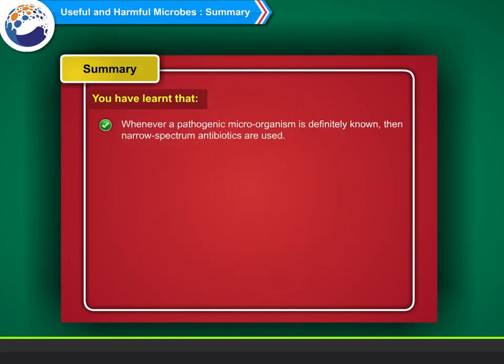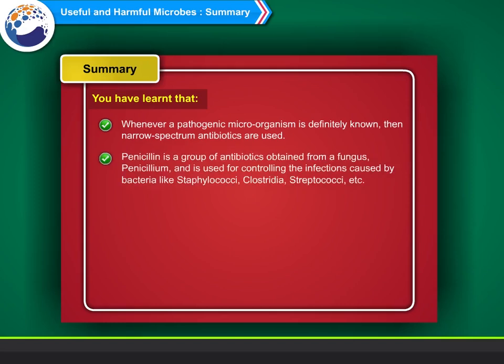Whenever a pathogenic microorganism is definitely known, then narrow-spectrum antibiotics are used. Penicillin is a group of antibiotics obtained from fungus, Penicillium, and is used for controlling the infections caused by bacteria like Staphylococcus, Clostridia, Streptococci, etc.